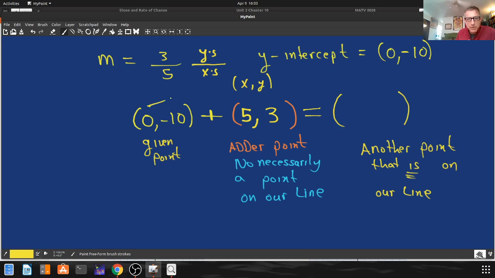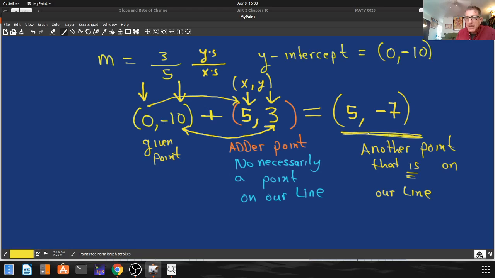So 0 plus 5 gives me 5. Minus 10 plus 3 is minus 7. So I just add similar things. I add the x's to the x's and the y's to the y's, so I don't miss anything. So 0 plus 5 is 5, and minus 10 plus 3 is minus 7, and here is another point on our line. So I have 2 points, 0 minus 10, 5 minus 7.